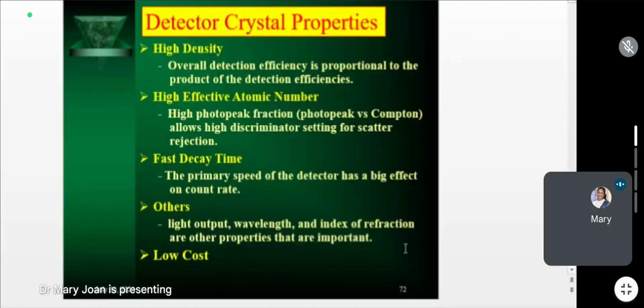Other factors, light output, wavelength, and the index of refraction, are other important properties. Within the crystal we can also have refractions taking place, adding non-realistic events which are not real but are detected as coincidence events. And for the crystals also, the lower the cost, the better.